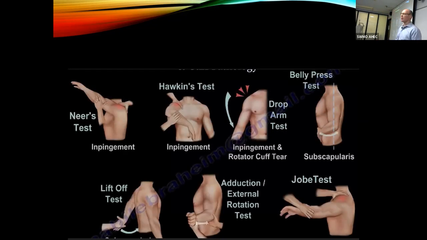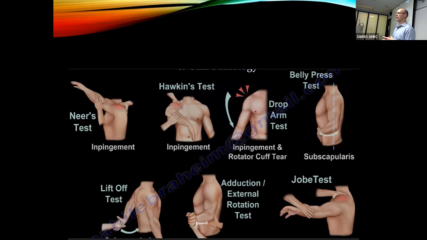Go ahead. We always think of rotator cuff problems, right? So that's probably one thing we want to rule out from the beginning, rule in or out. There's a lot of tests for a shoulder exam. That's a whole lecture in and of itself, but I wanted to put some up there to show you. If the pain is coming from a joint, it will be reproduced by moving that joint.